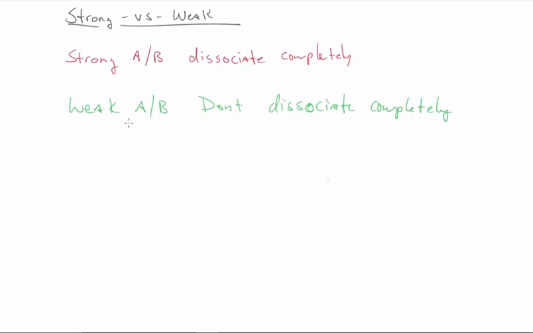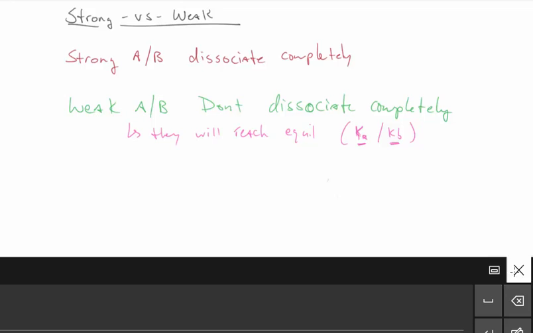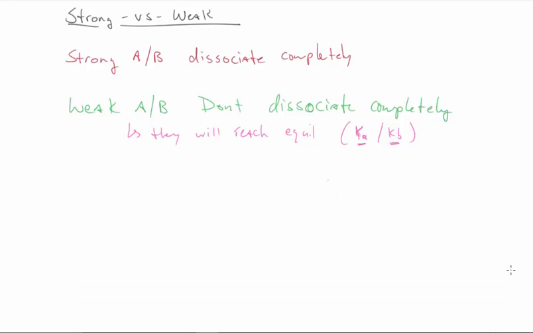The one thing we want to understand right off the bat is that since weak acids and bases don't dissociate completely, they will reach an equilibrium. So what we have here are our Ka and Kb values, the dissociation constant for acids and the dissociation constant for bases. When we're dealing with weak acids and bases, we're going to have Ka and Kb values. For strong acids and bases, we will not get that information.